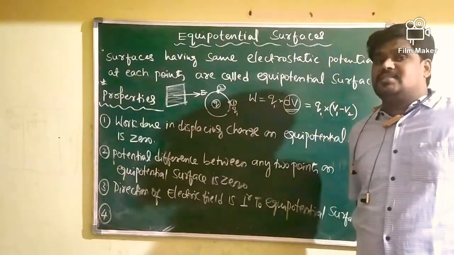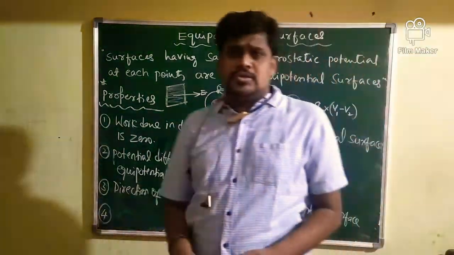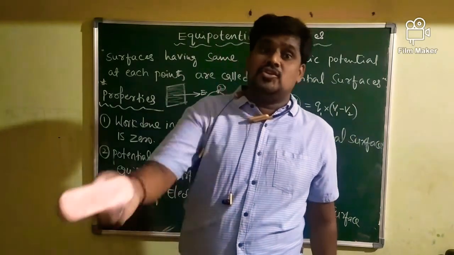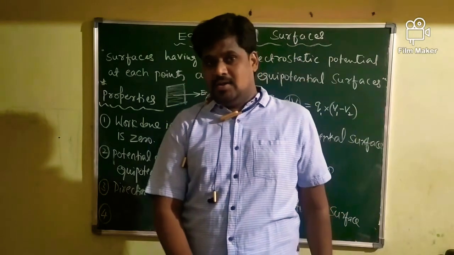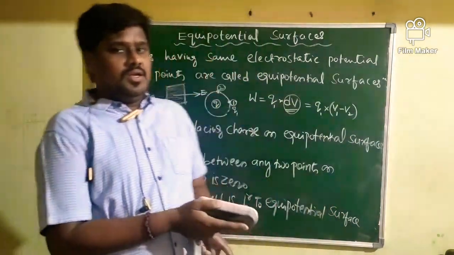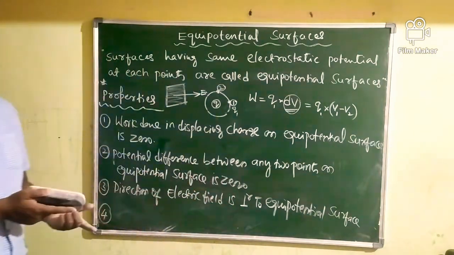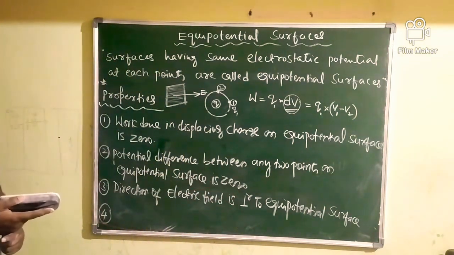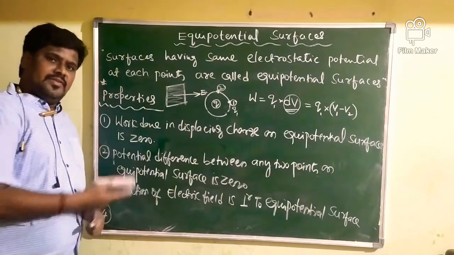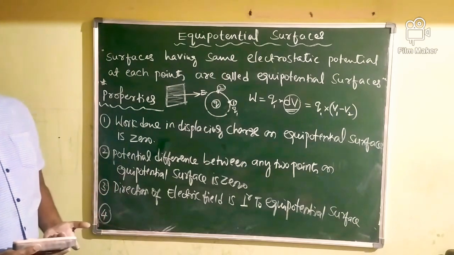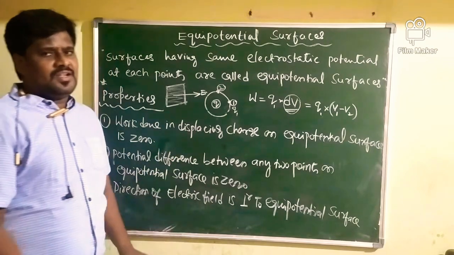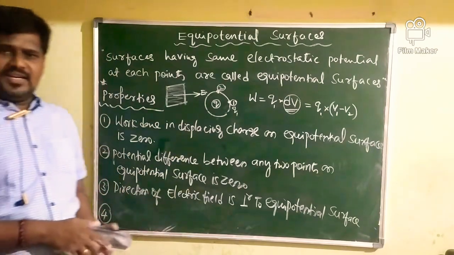Equipotential surfaces are very close to each other in the region of strong electric field, and they are far or well separated from each other in the region of weak electric field. Whether they are far or close to each other, they never intersect each other.